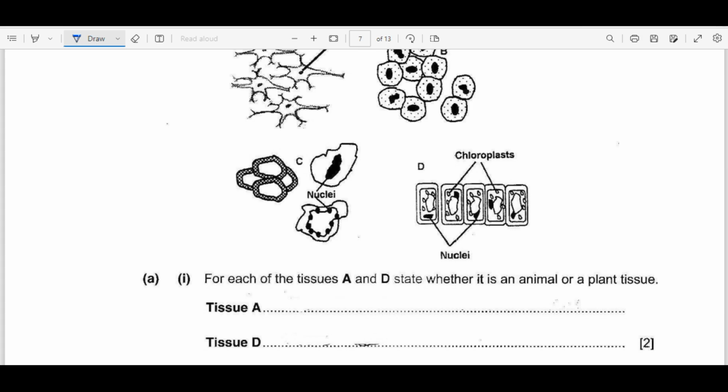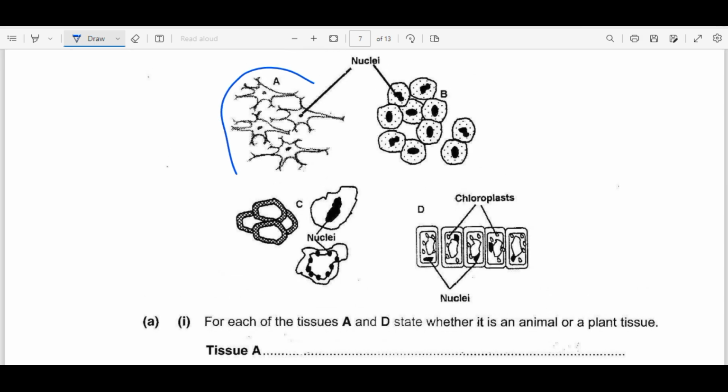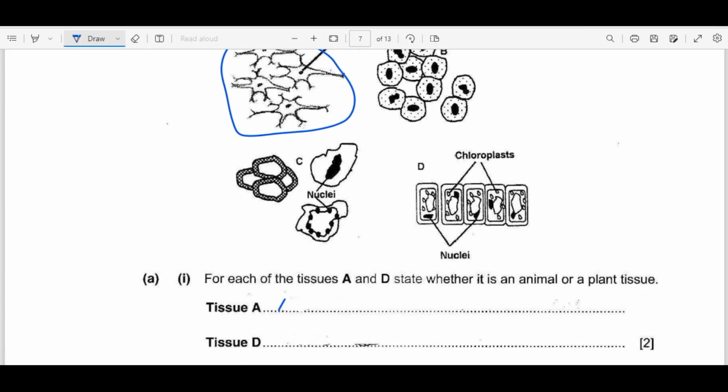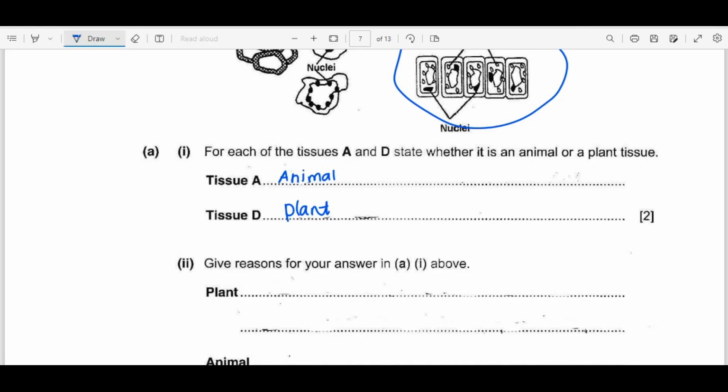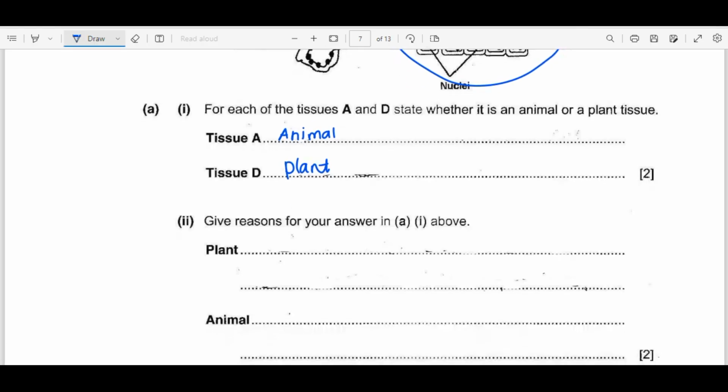If you look at this one, the cells are irregular in shape, so these are animal tissues. Then in cell D, we can see the regularity or the definite shape. So these are plant cells. Then you give a reason for your answer in A1 above.